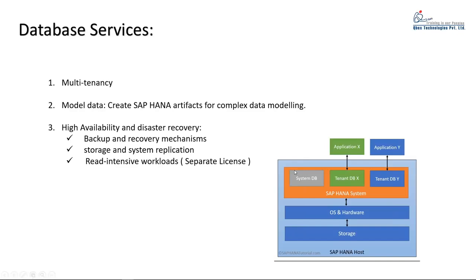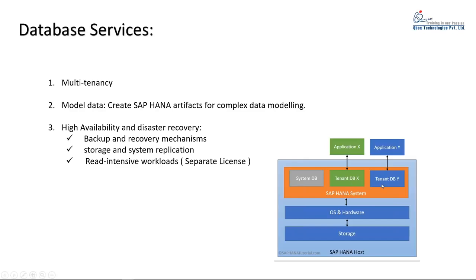Say, for example, if you look at this picture here, you have an OS and I have the HANA system installed. When you install the HANA system, by default you get the system database. So you create multiple tenant databases, which are like children of the system DB. Let's say I've created a tenant database DBX and a tenant DBY.